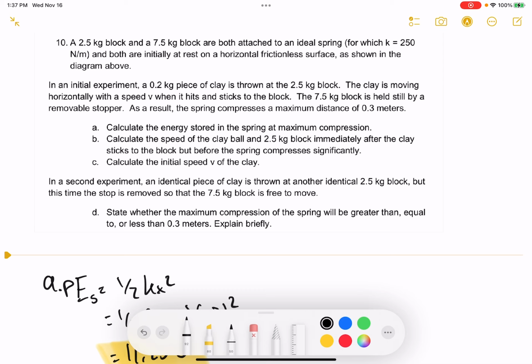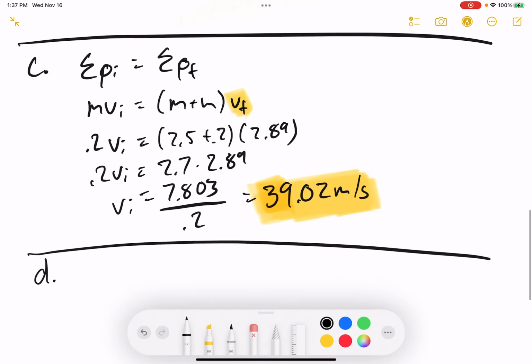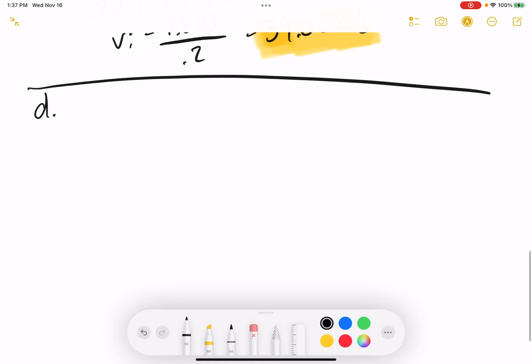In a second experiment, an identical piece of clay is thrown at another identical 2.5 kg block, but this time the stop is removed so that the 7.5 kg block is free to move. State whether the maximum compression of the spring will be greater than, equal to, or less than 0.3 meters. Remember, if you're ever trying to explain something, what method should you use?